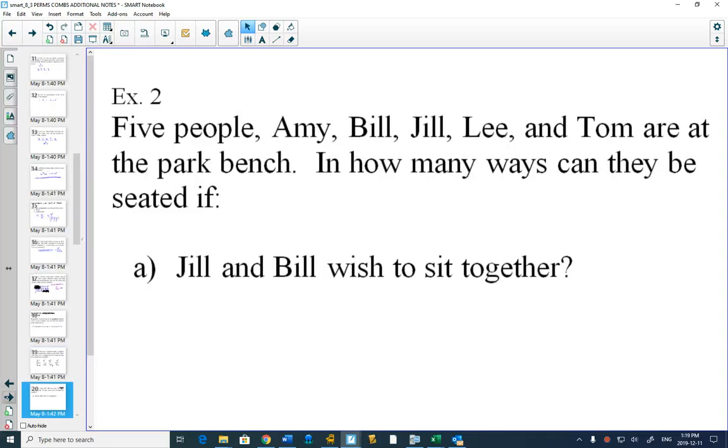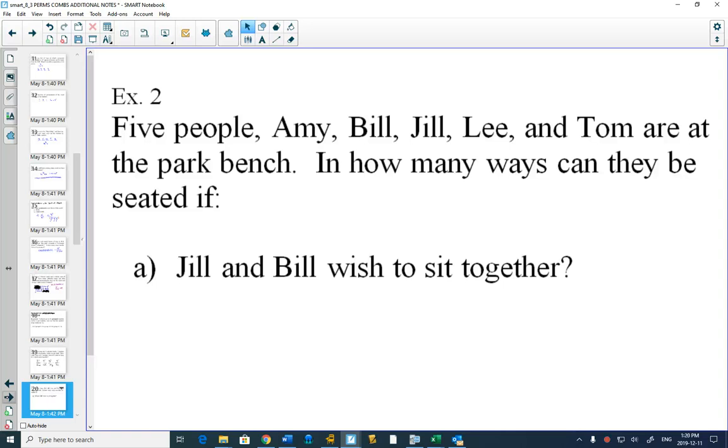So we got 5 people. Amy, Bill, Jill, Lee, and Tom are sitting on a park bench. It's springtime. How many ways can they be seated if Jill and Bill want to sit together? Aww.